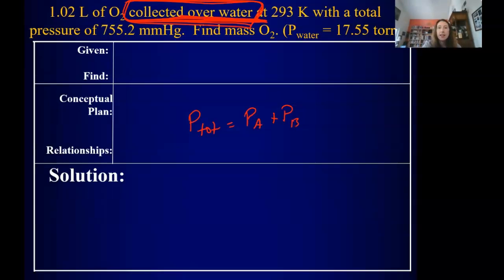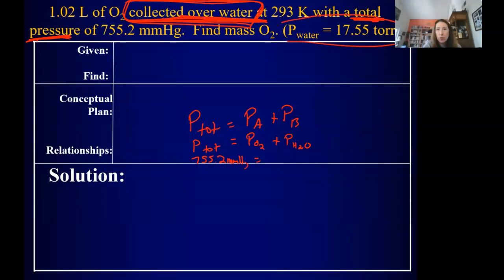In this case, we have oxygen collected over water, so P total equals the pressure of oxygen plus the pressure of water. Total pressure is 755.2 millimeters of mercury.